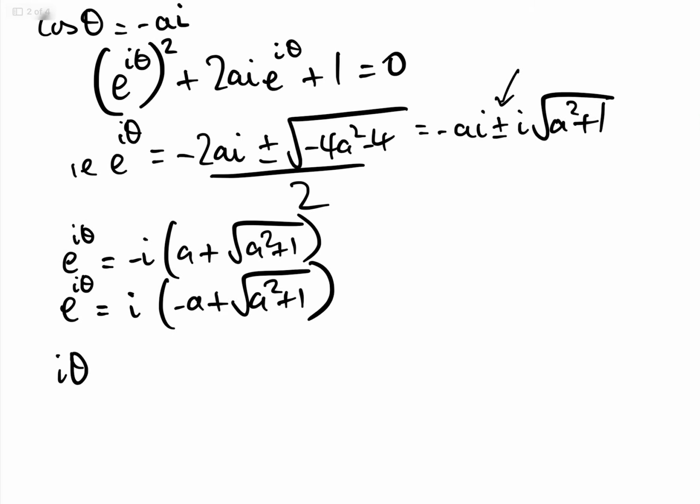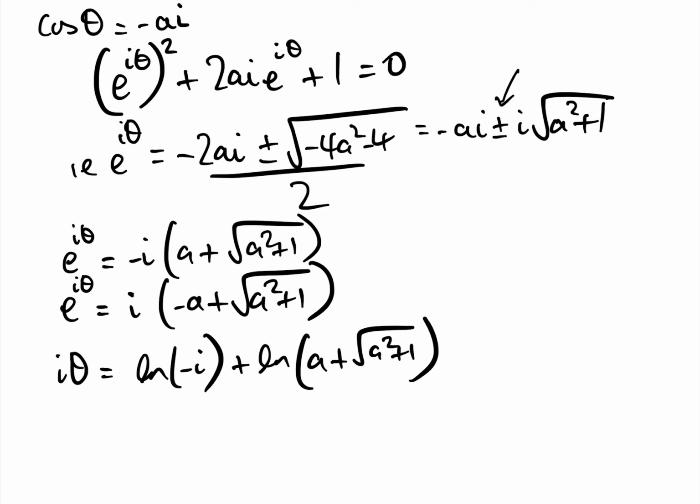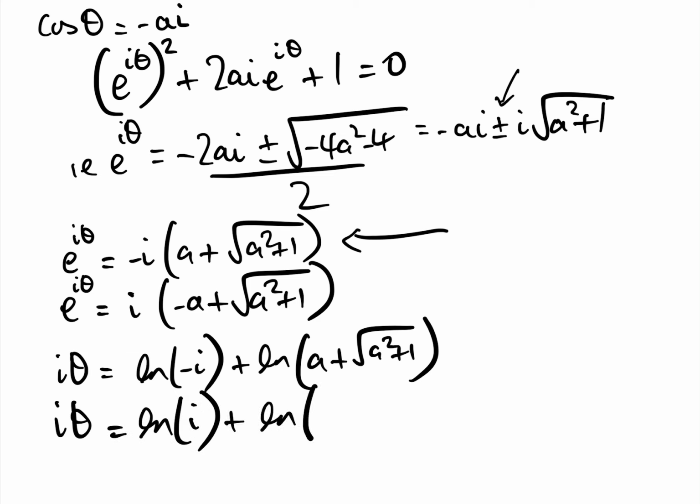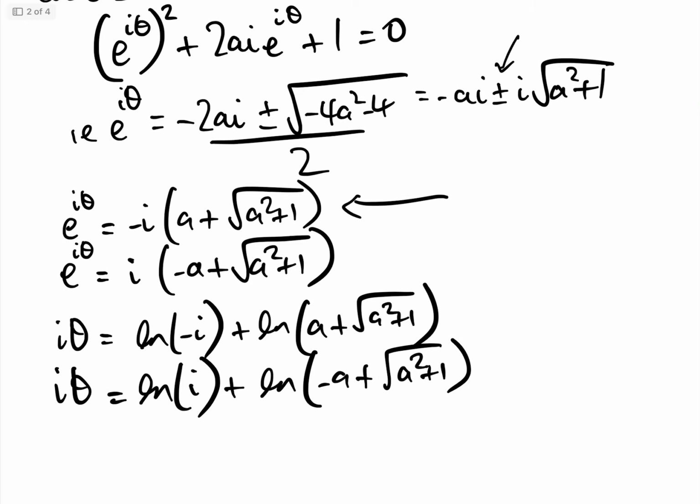And then when we take logs, we get that I theta equals log of minus I add log a add root a squared add 1. That's from this one. Or I theta equals log of I add log of minus a add root a squared add 1.